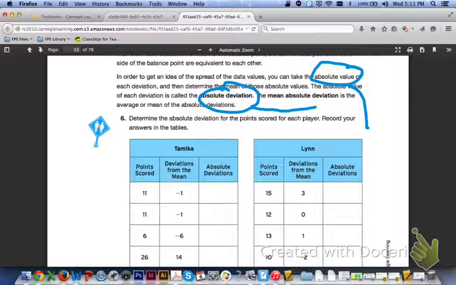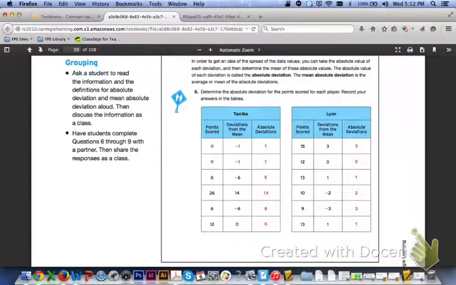So the absolute deviation for the deviation from the mean, if it's -1, would be 1. -1, 1. -6, 6. 14 stays positive, so it's 14. Okay, so go ahead and fill out the rest right now. When you're done, unpause the video.